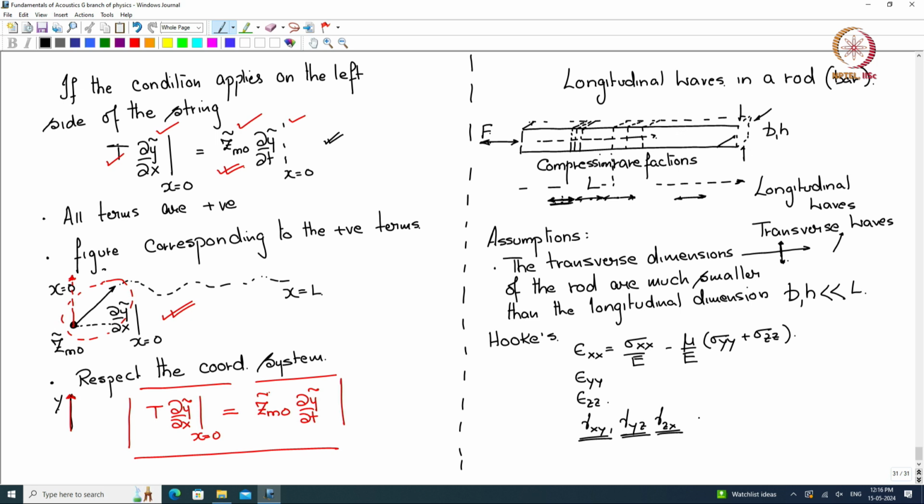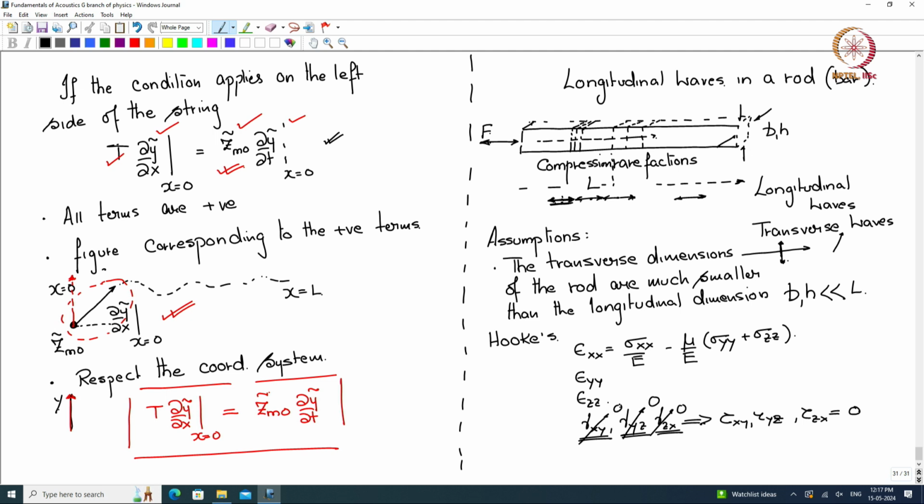Okay. So the corresponding taus are also 0, tau xy, tau yz, tau zx are all 0.